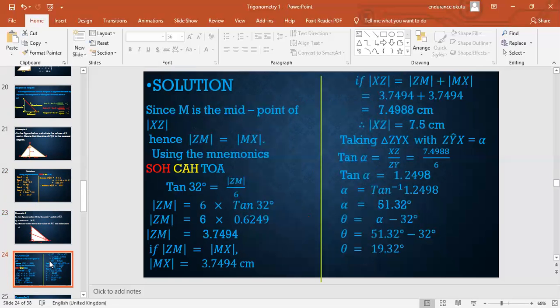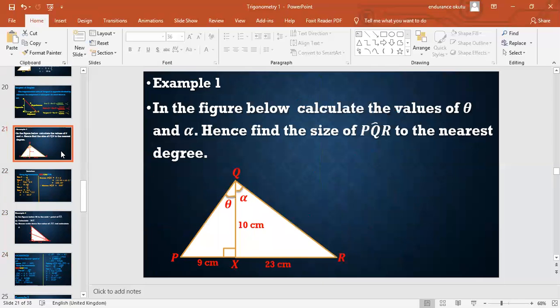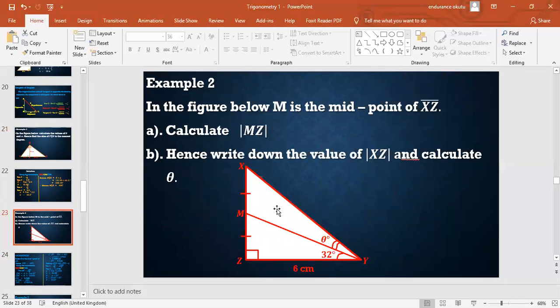From the diagram, we were told that M is the midpoint of XZ. So that means ZM is equal to MX because M is the midpoint. So using our SOHCAHTOA also, we want to find the value of ZM.